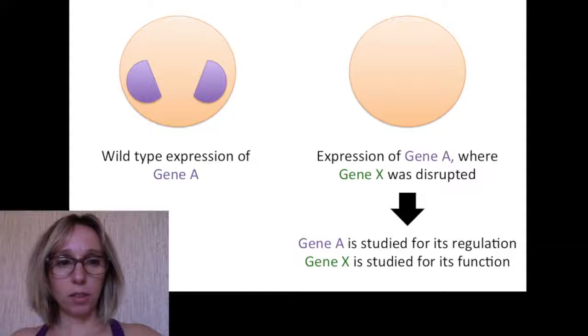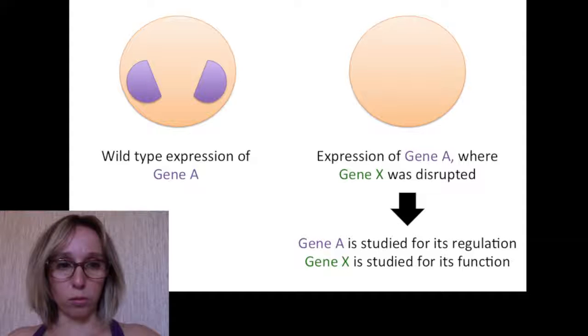So here, for example, you have a wild type expression of gene A, and in the evidence you disrupt gene X and you look at the expression of gene A. And in ANISEED we say gene A is studied for its regulation and gene X is studied for its function. So gene X should be also entered manually in the function field in the article card.